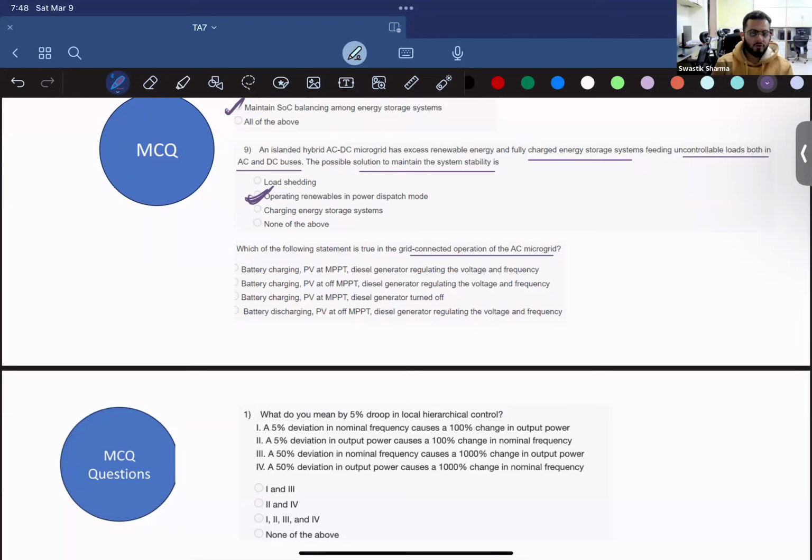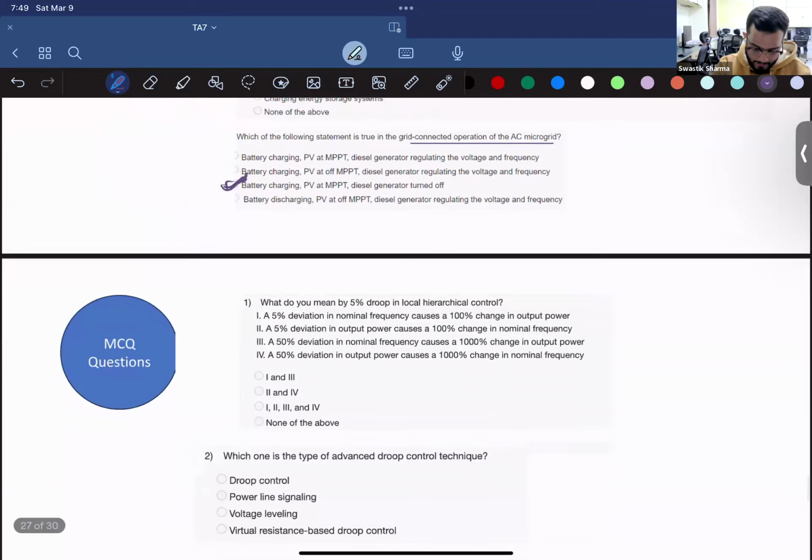Your diesel generator won't be used. Yes, DG will be used only when you have to power loads which are needed at all costs and you can't get energy anymore from your storage. Yes, we give first preference to storage. Yes, that's what I was coming to. So that's how you will be able to do it, right? So the correct answer is C. Diesel generator will only work when you have a very critical or emergency load.